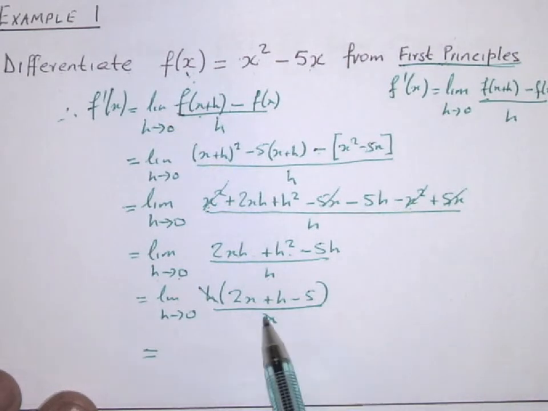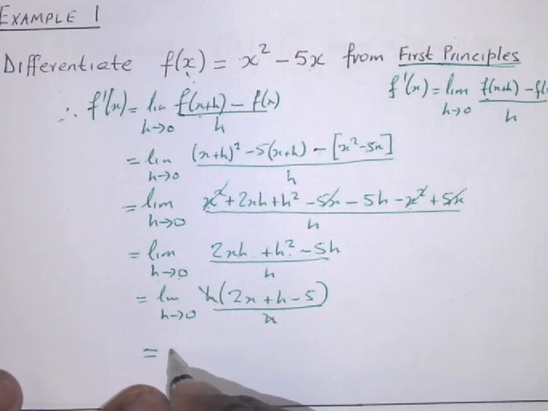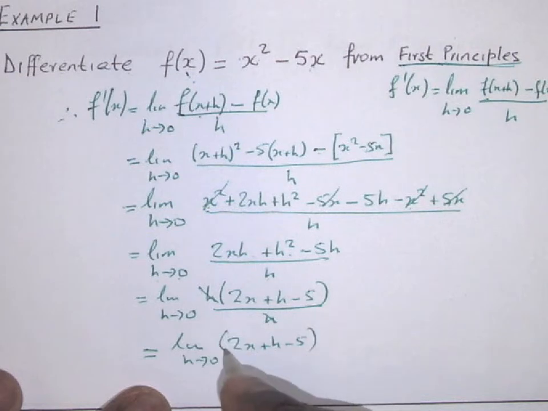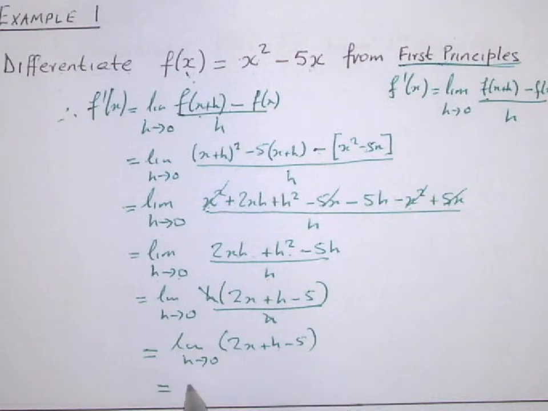So I'm now left with the limit as h approaches 0 of 2x plus h minus 5. Now I can substitute the value of h as 0, and the answer is 2x minus 5, because I've plugged in 0 for h. Let's look at another example.